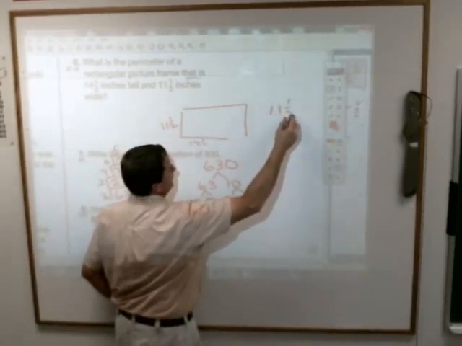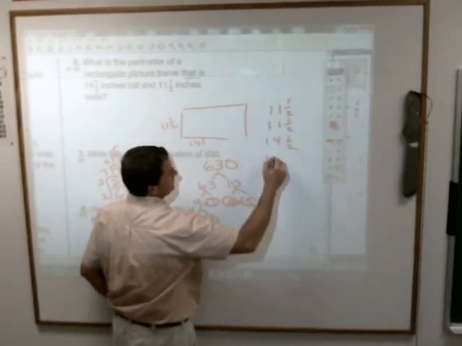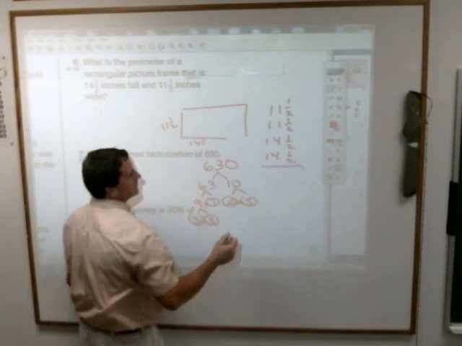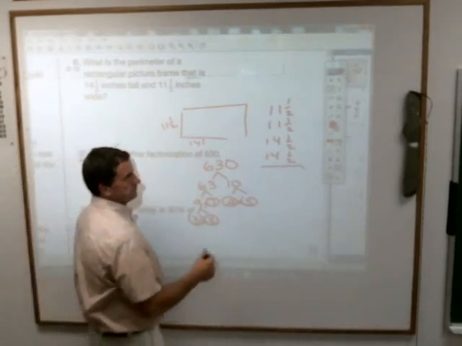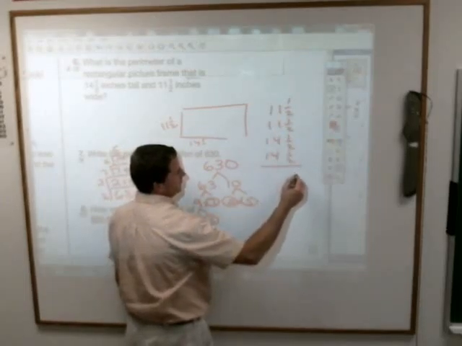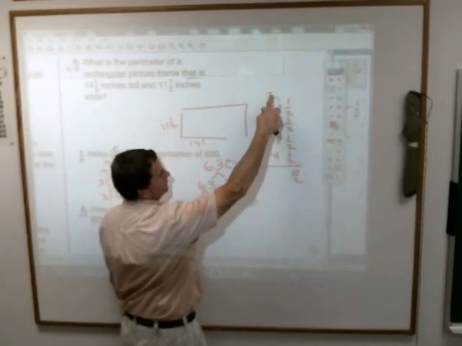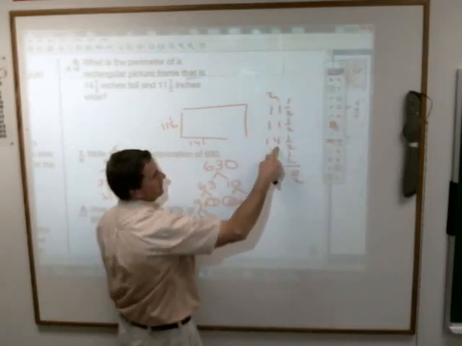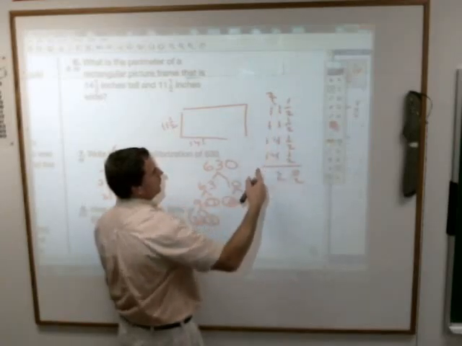You add those 4 halves together, you get what? 2, so you get 0 halves plus 2 over there. 22, 23, and another 8 is 12.